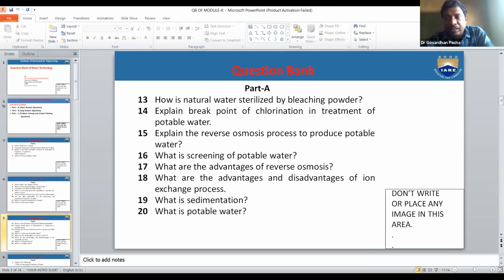That means at that point almost all the pathogenic bacteria are killed by that disinfectant, the chlorination process. It tells how much chlorine is required for the disinfection process, and that is called breakpoint chlorination. Okay, ma, we see the diagram.